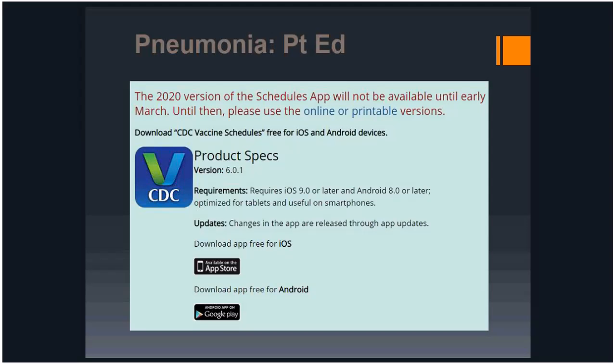As another digital reference or way of using technology, you have the CDC vaccine schedules, which is an app that can be downloaded on a tablet or phone. You can also save the page on a web browser, bookmark it as well.